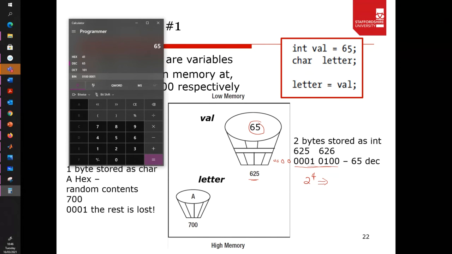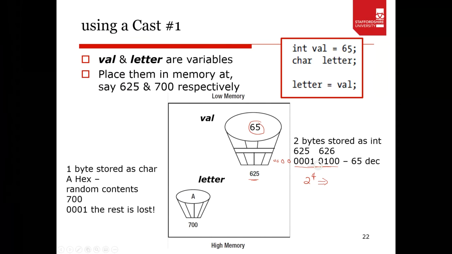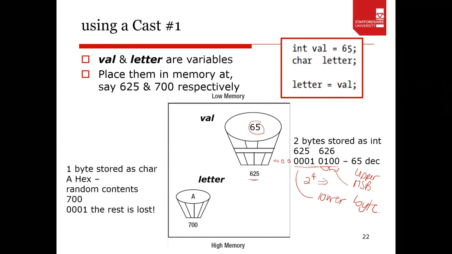So the 0, 1, 0, 0 here are the MSBs. That's the higher upper byte, and this is the lower byte, or bits even, not bytes, bits.